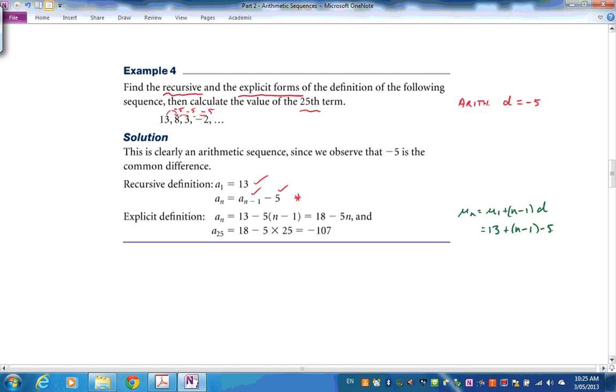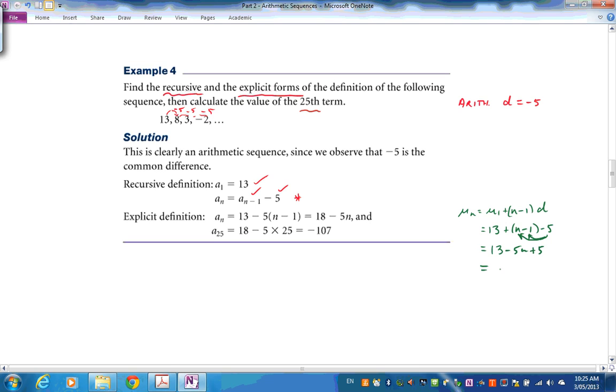Negative 5. So you could make up a formula here, 13, hang on, we won't put plus because it's negative 5 times n, negative 5n, negative 5 by 1 is plus 5.